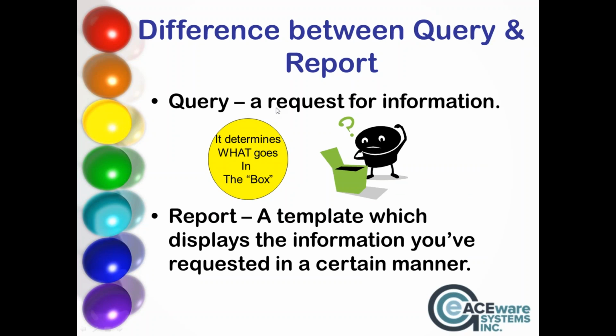The query is the question that says what kind of a creature do I want to put in a report? Do I want courses by range of date, courses by course number, courses by account number, and that is what the query elements are.